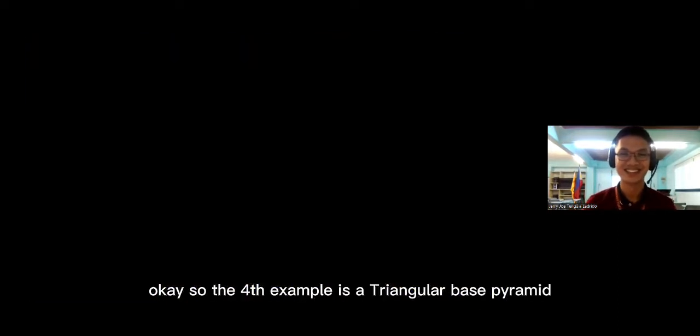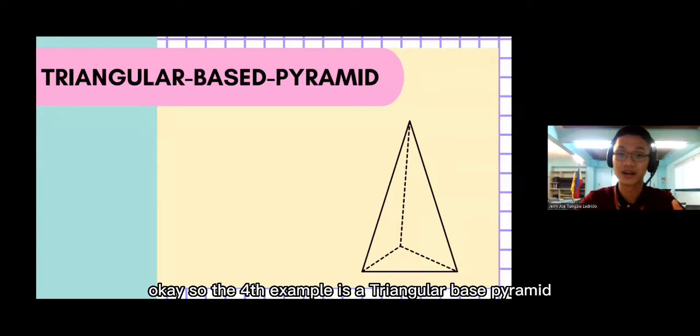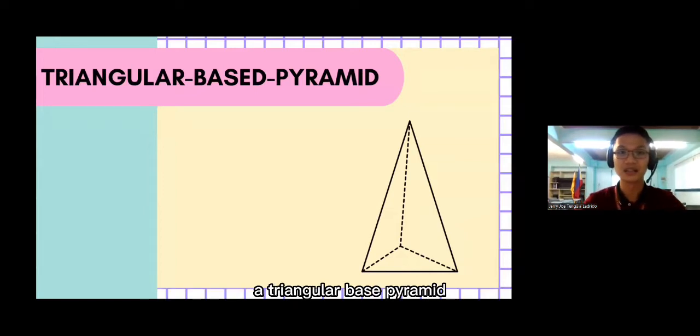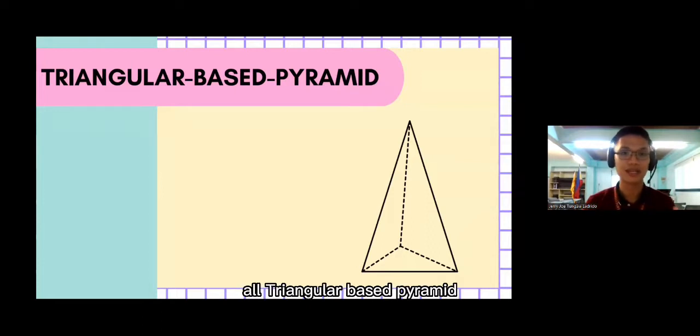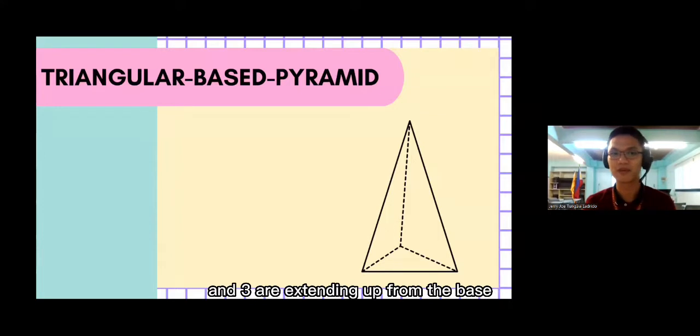Okay. So the fourth example is the triangular base pyramid. A triangular base pyramid is a pyramid that has a triangular base. In geometry, vertices are essentially corners. All triangular base pyramids, either regular or irregular, have 4 vertices. It has 6 edges, 3 are along the base, and 3 are extending up from the base.